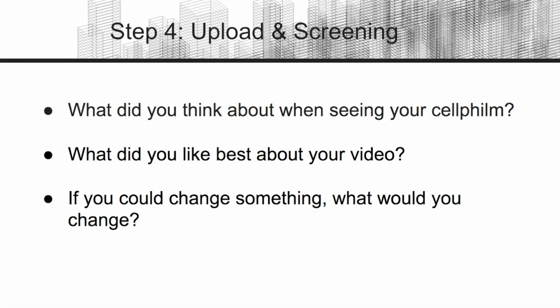What I mean by that is that perhaps you develop a chart with 2 columns, one with a smiley face, one with a sad face, and they can put a tick while you come up with questions about what part of their Cellphilm they liked, and you can write it down, or you can put a little check mark or whatever. But the idea here is to help them better express what they liked, what they saw in their Cellphilm, and better facilitate that process.